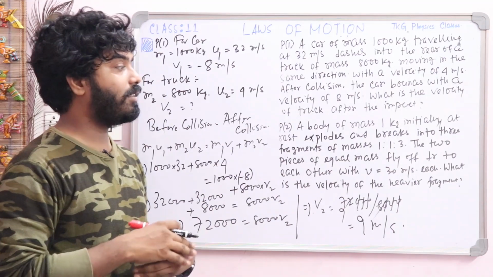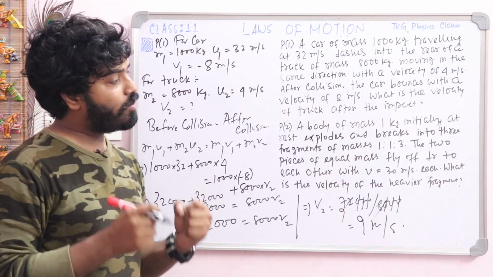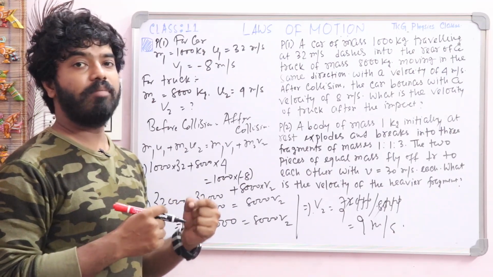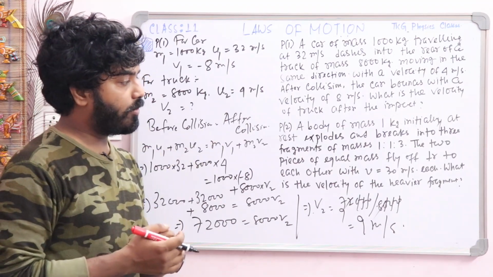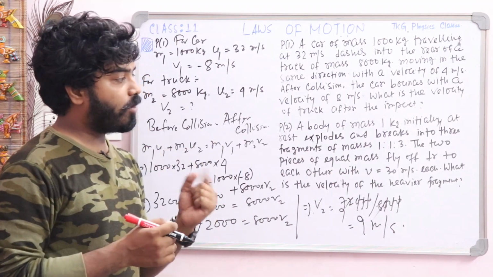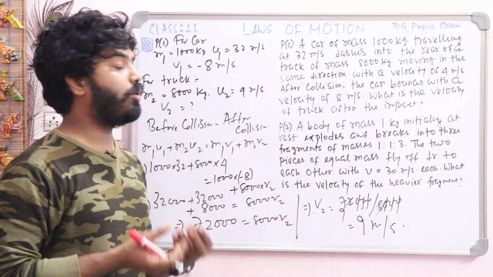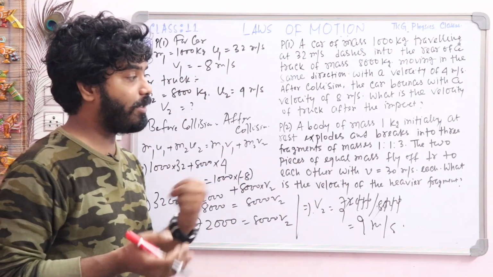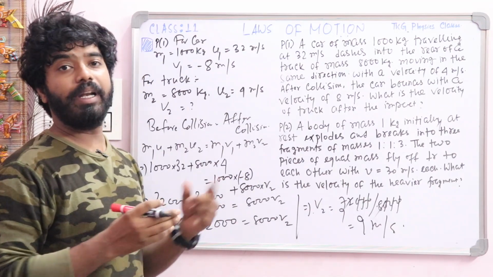They explode and divide into 3 segments, and the ratio given is 1:3:3, but the total mass is 1 kg. Now the two pieces of equal mass, which are 1:1, fly off perpendicular to each other with velocity 30 meters per second each. Now equal pieces are moving in perpendicular directions.